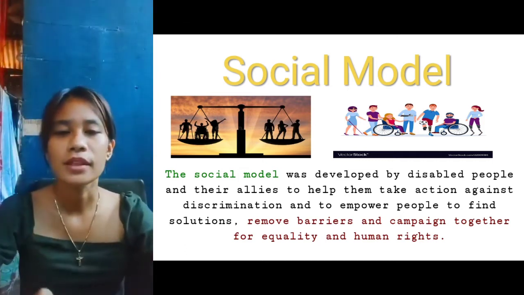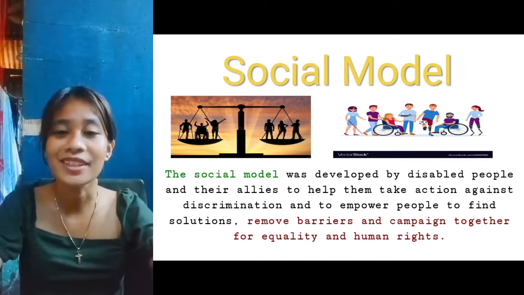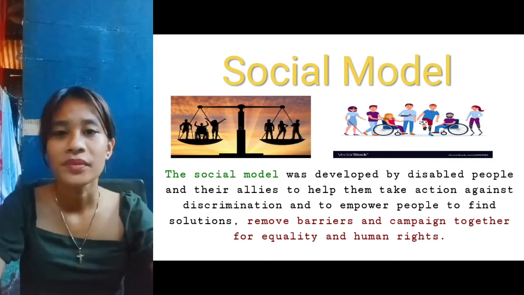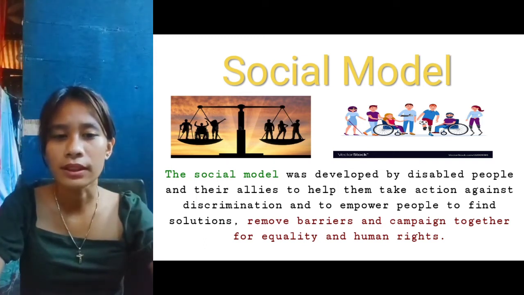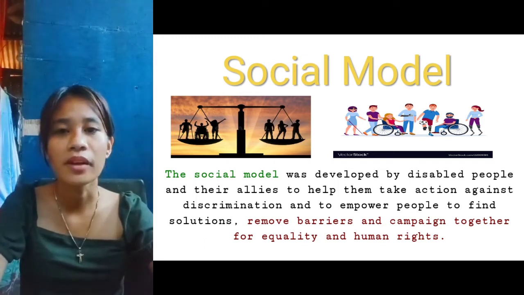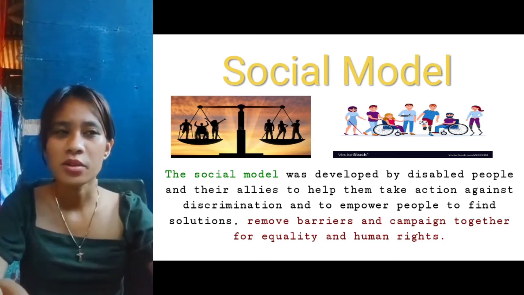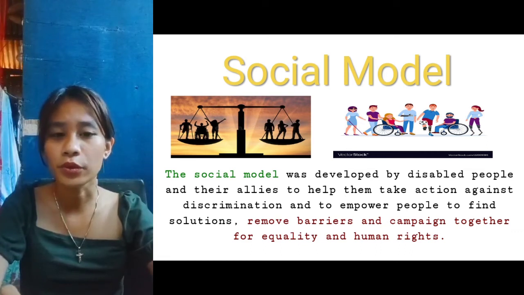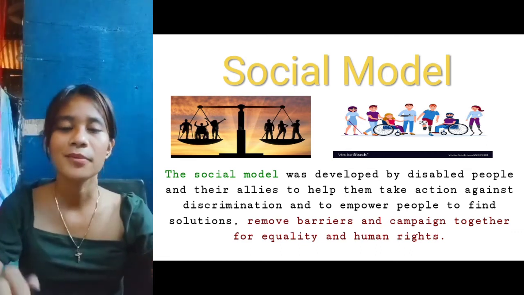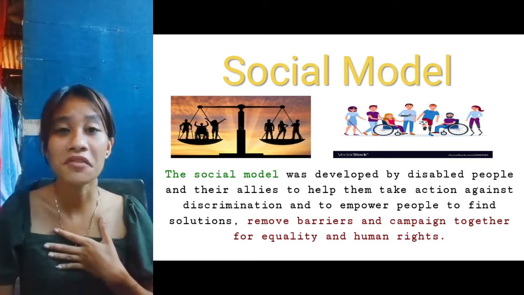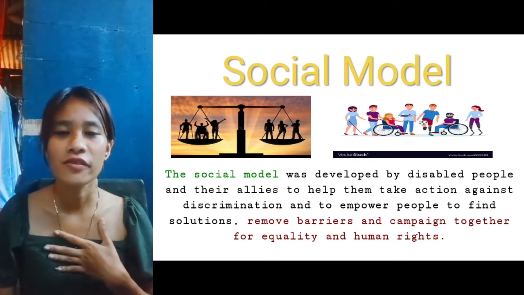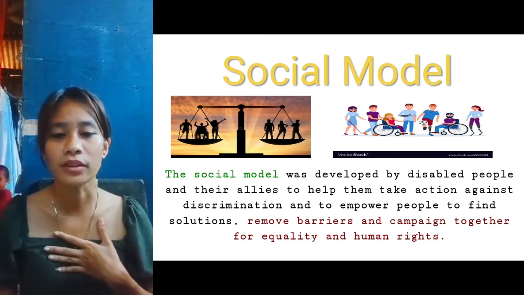So the problem is not with the disabled persons, but with the people that surround them. It is with those people who have high expectations of them without minding or understanding their situations. The social model is one way to prove to everyone that being a person with disability will never be a hindrance in achieving something that they really love and want to do.